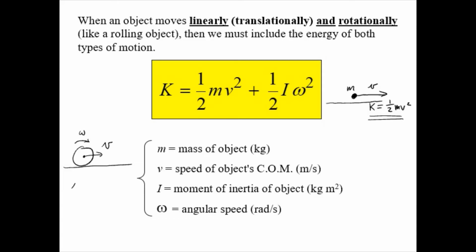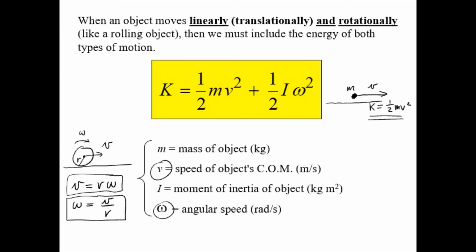And the rule is that v equals R omega, or omega equals v over R. So that's going to be true if R is the radius of this wheel that's rolling. These two relationships are going to be handy because they help us go back and forth between the omega and the v. Okay, a rigid object that's rolling and gripping the ground, there's a nice direct relationship, a link between these two, and that relationship is this.